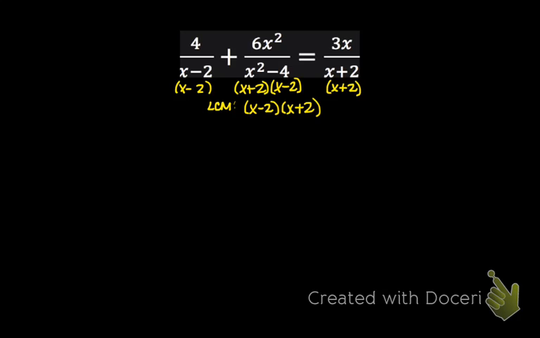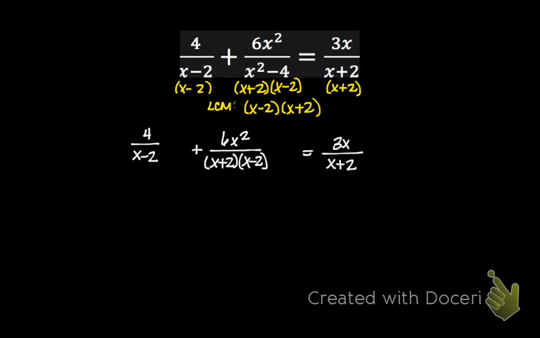Now, let me go ahead and rewrite this just so you can see a little bit better what we have. We have 4 over x minus 2 plus 6x squared over, I'm going to write this in its factored form, x plus 2, x minus 2, and then that's going to equal 3x over x plus 2.